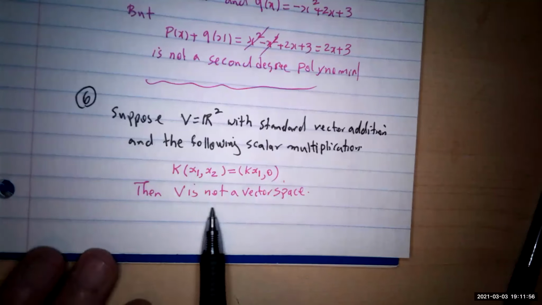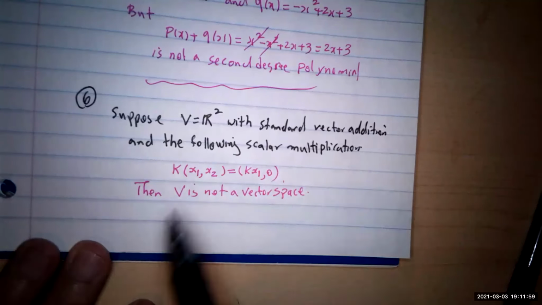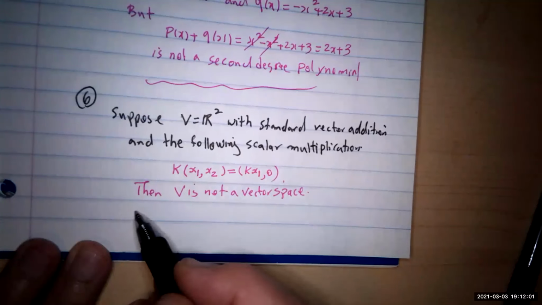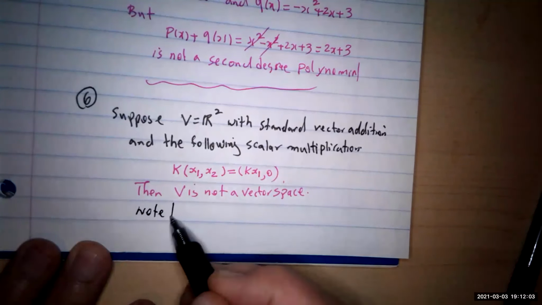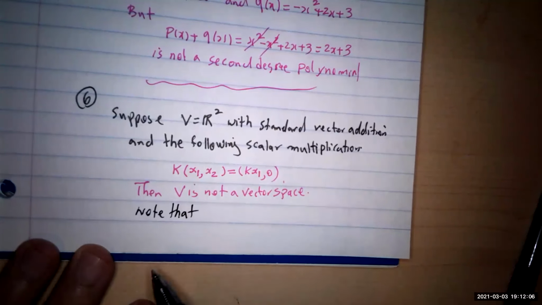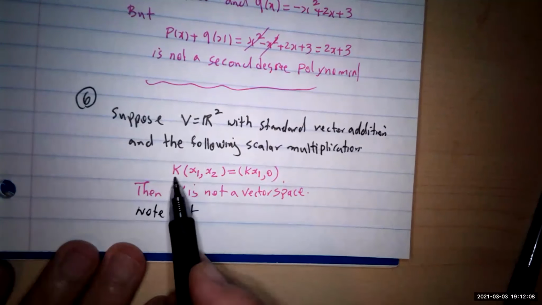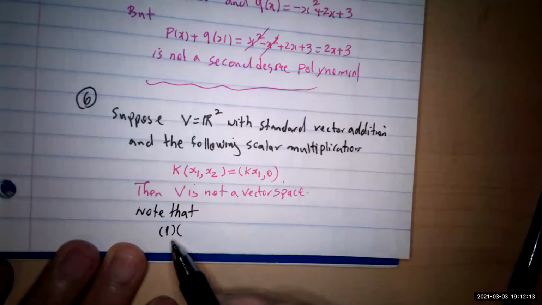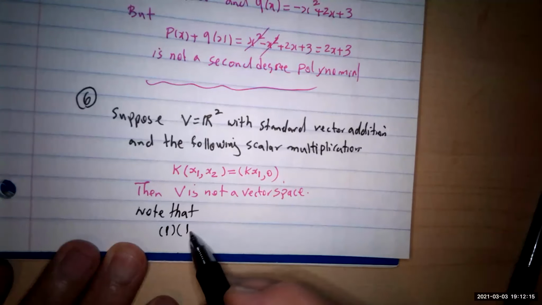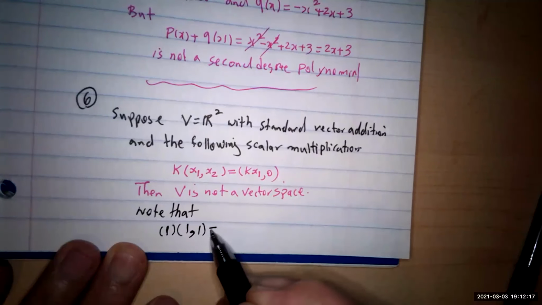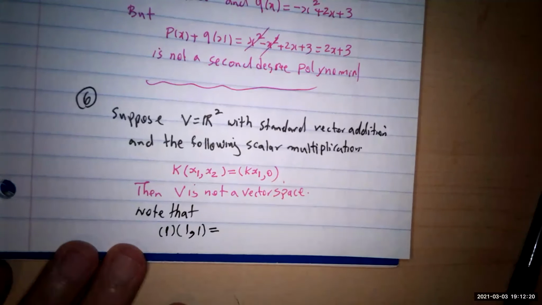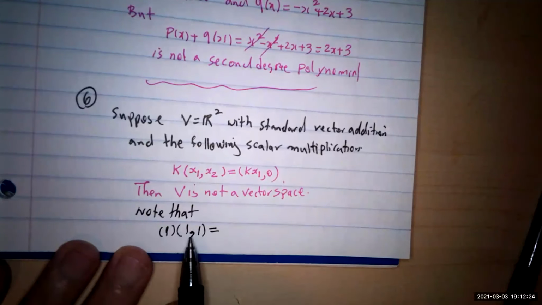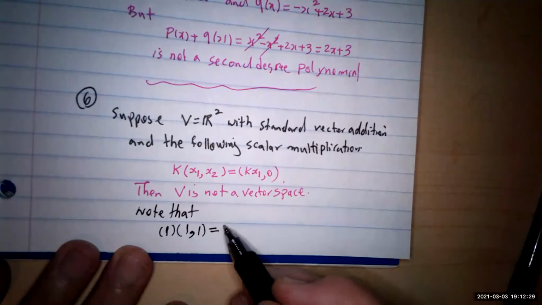Let's see how we're going to reject this one. Note that this is going to be our rejection. If you put k equal to 1, so we get 1 as a scalar, and multiply by the vector (1, 1). On one hand, according to the usual definition, since you multiply by 1, this must be the same thing.